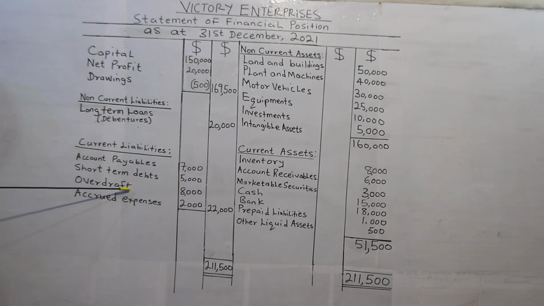Then we have overdraft, which shows amount collected in excess of what they have in the bank, 8,000. Then we have accrued expenses, expenses that the organization incurred within the year that have not been paid for.